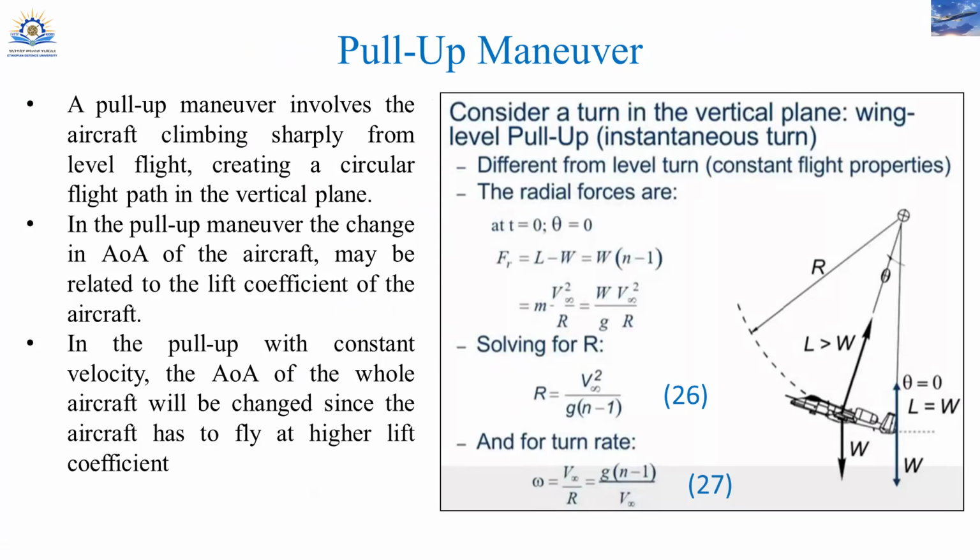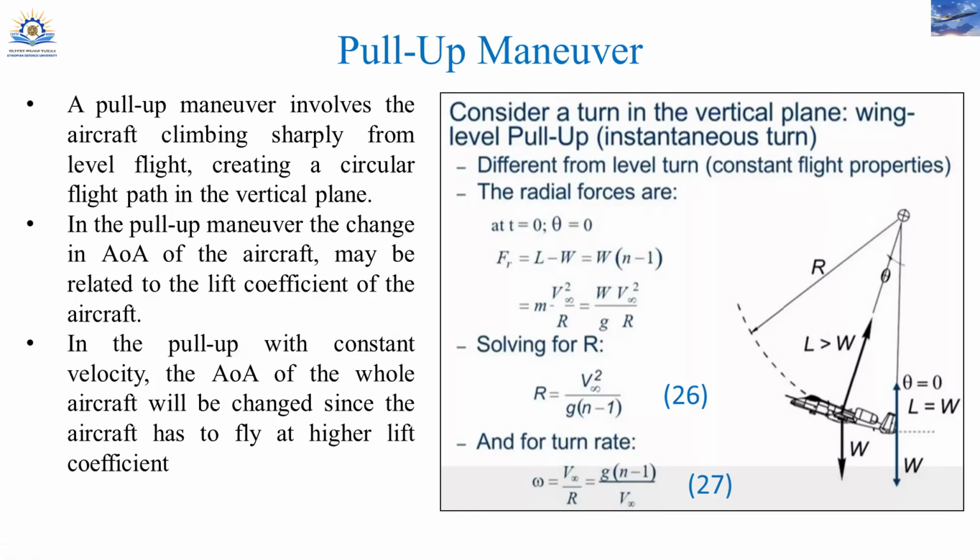The next part is the pull-up maneuver, and the pull-down maneuver. During the pull-up maneuver, an aircraft reaches the minimum point and then it is flying up. At the moment it passes this point, at theta 0, weight is acting downward, lift is perpendicular upwards, and the centrifugal force is acting downward.